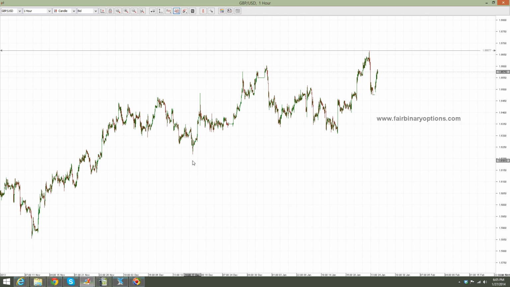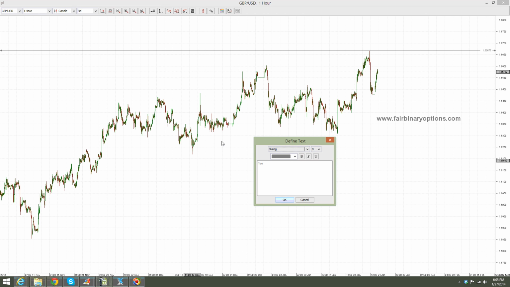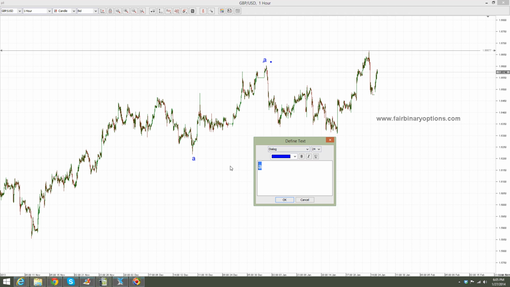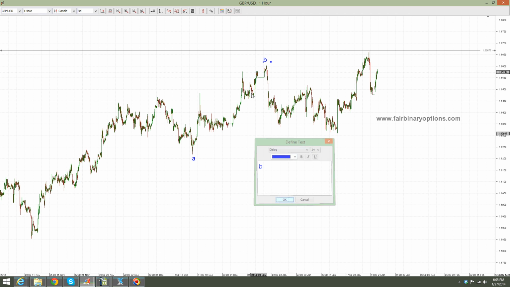This to be called wave A, this to be a B wave to the upside. So all of a sudden, because you see the B wave is bigger than wave A, you are thinking of a possible irregular triangle or a running variation of a contracting triangle.